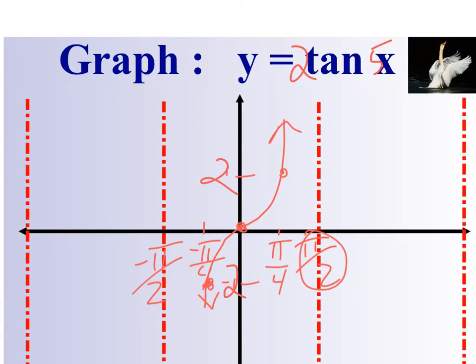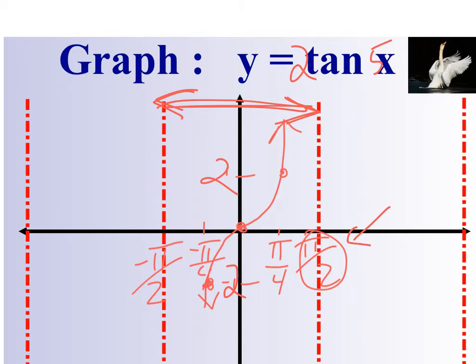Well, I don't multiply all these by 5. I divide them all, because the period is 2 pi over b. But wait a minute. Just to clarify, the period of tangent is not 2 pi. Have you noticed this yet? This distance from across here, its period is pi.